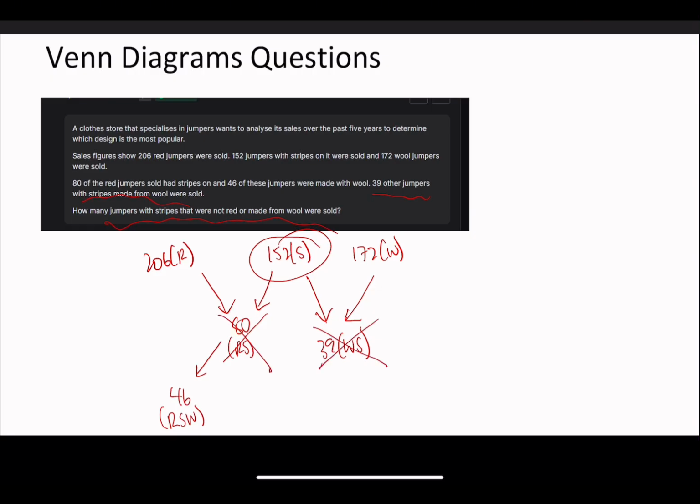We know there were 80 that were red and striped, 39 that were woolen and striped. We want the remaining amount. So this is quite easy to do now. We know there's 152 in total. We know 80 of them are red, 39 of them are woolen, and obviously there are some others as well. To work out that remaining amount, that's just 152 minus 119. You can do that in your head or put it in the calculator. It doesn't matter. Either way, it's 33.